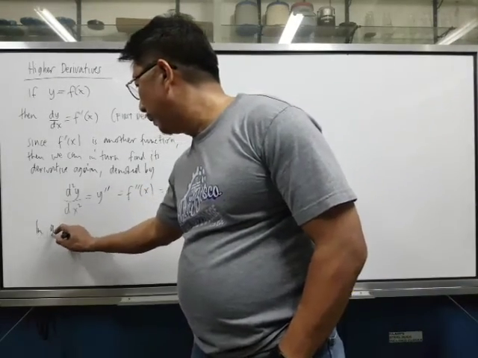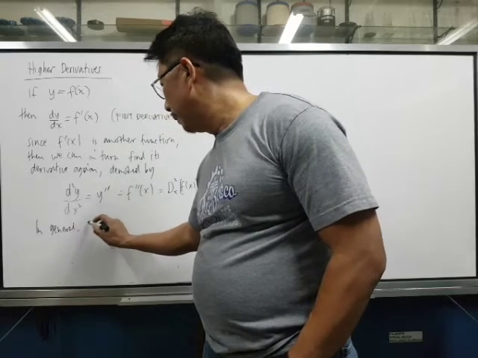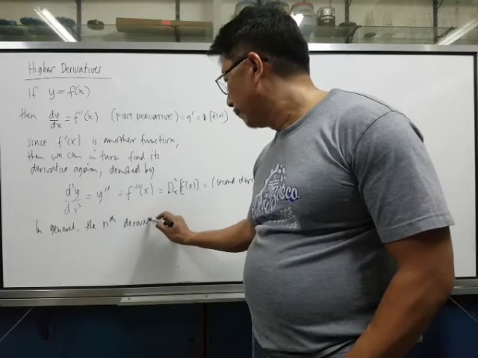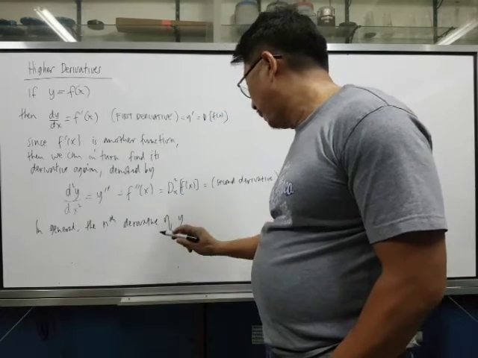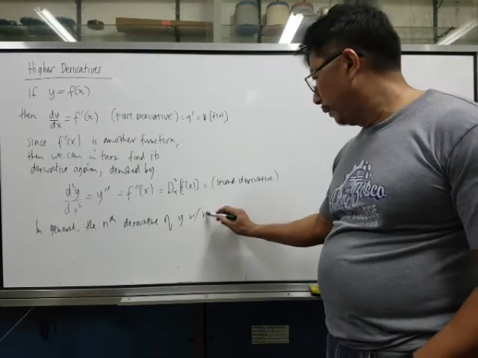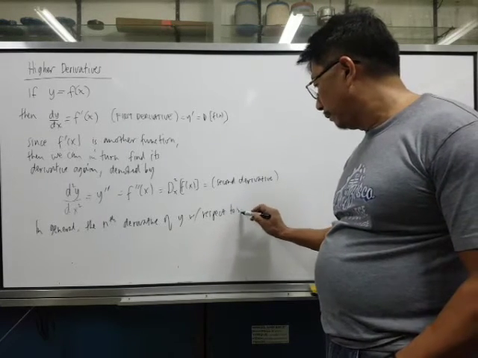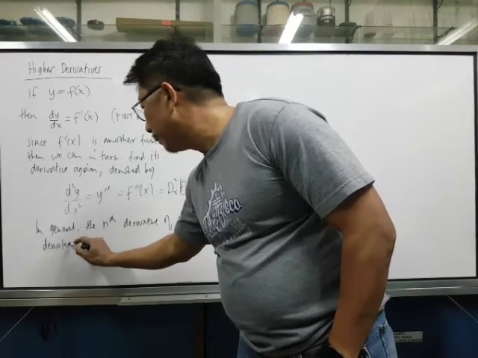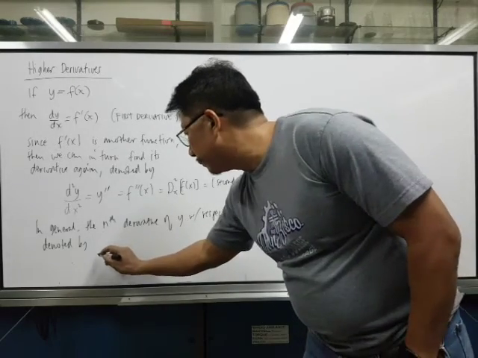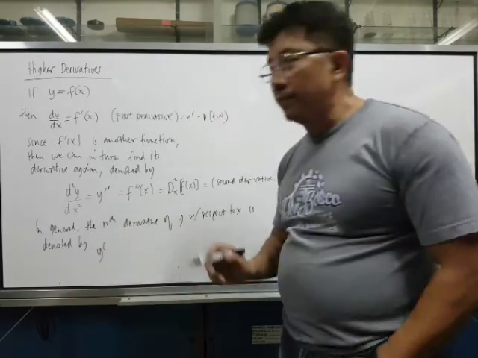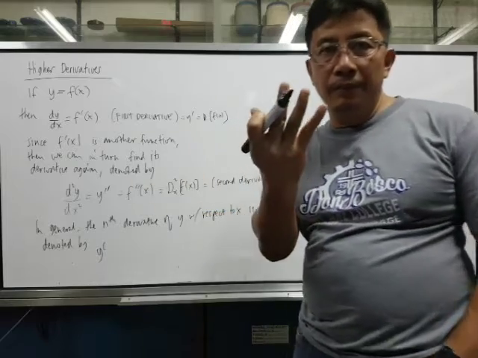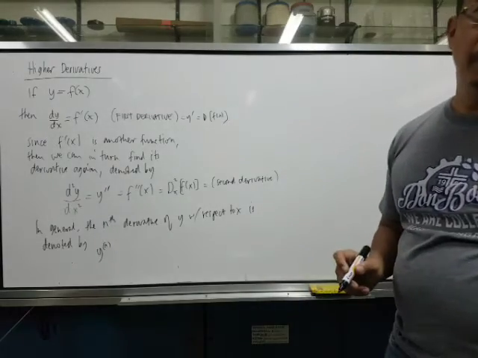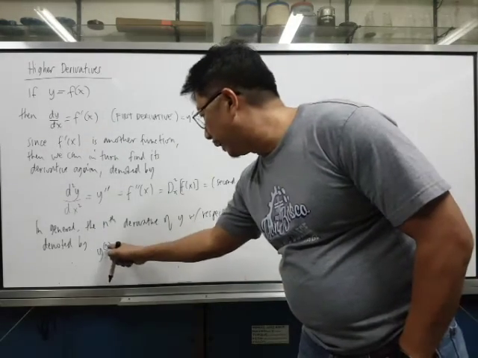So in general, the nth derivative of y with respect to x is denoted by y, and we cannot use prime so many times, so the limit of prime is up to 3 only. If it is more than 3, you have to enclose the exponent in parentheses. So this is the nth derivative of y.